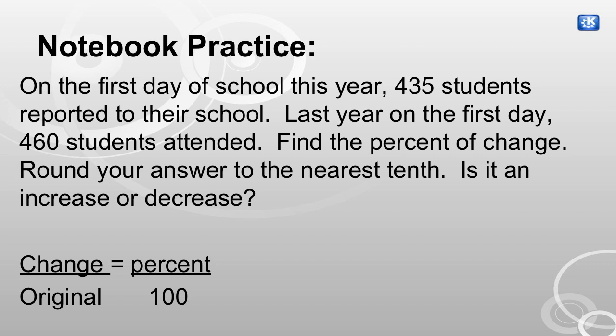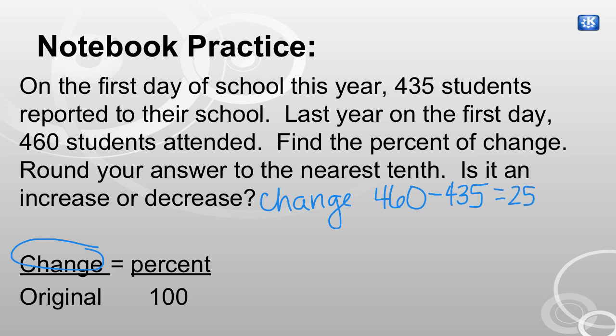So the first thing we need to do is figure out this change, and that is a subtraction problem. So we have to figure out the difference, or the answer to our subtraction, from 460 to 435. So the difference in those two numbers is 25 students. So 25 is my numerator.